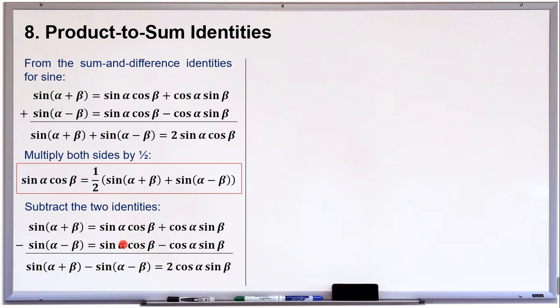For the first term, since they are alike and since the operation is subtraction, they will become 0. And for the second term, we have cosine alpha sine beta. Since they have opposite signs, they will be added. As a result, we have here 2 cosine alpha sine beta.